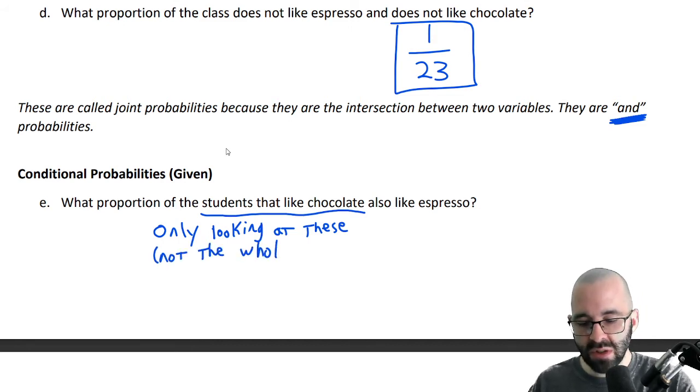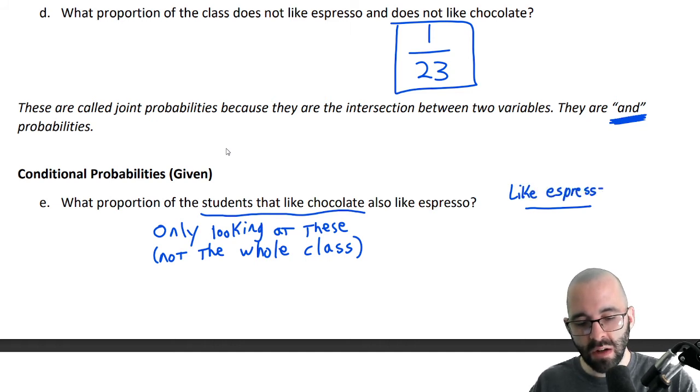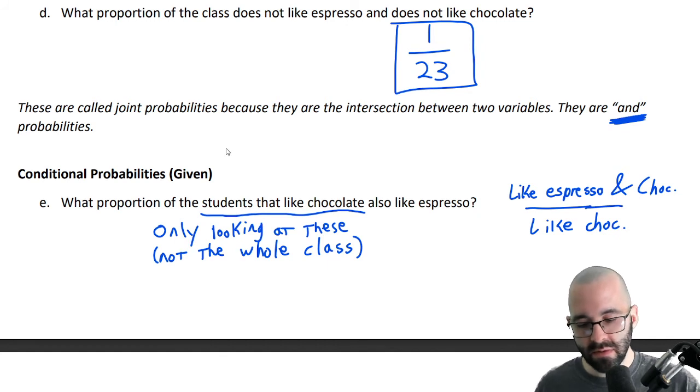So in the previous ones, we started by just writing that 23. But in this one, we're only looking at the students who like chocolate. So this is like espresso and chocolate divided by only like chocolate. What proportion of the students that like chocolate also like espresso?